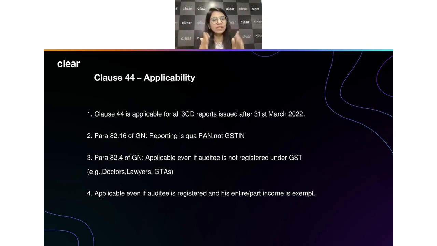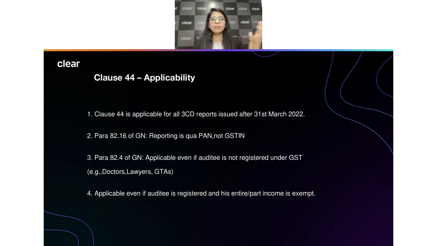Similarly, for 22-23, obviously we are going to file in this current year, FY 23, so there we have to furnish this information in our 3CD report. So we have to mandatorily report this information in clause 44.